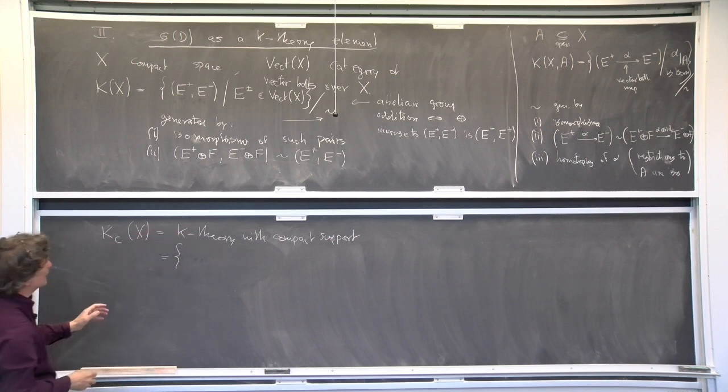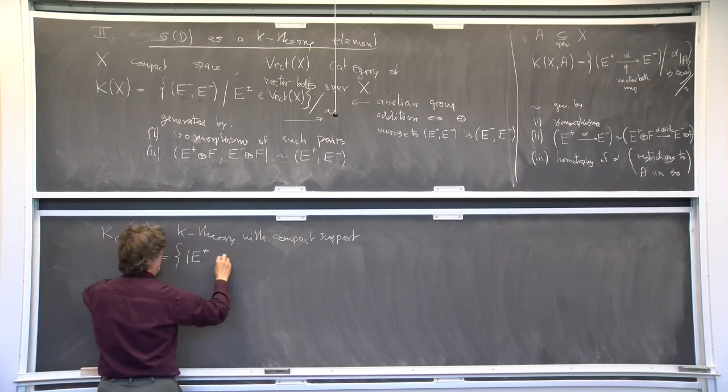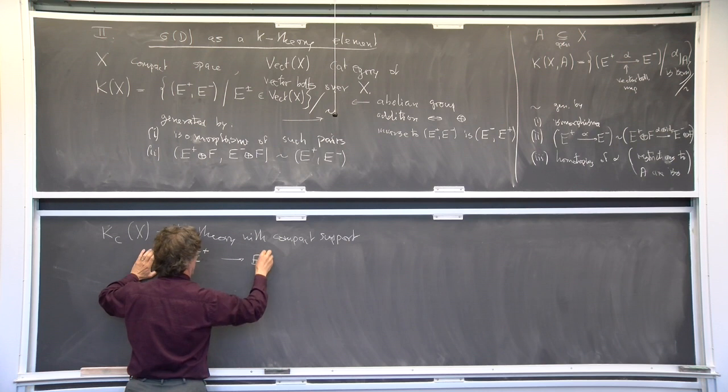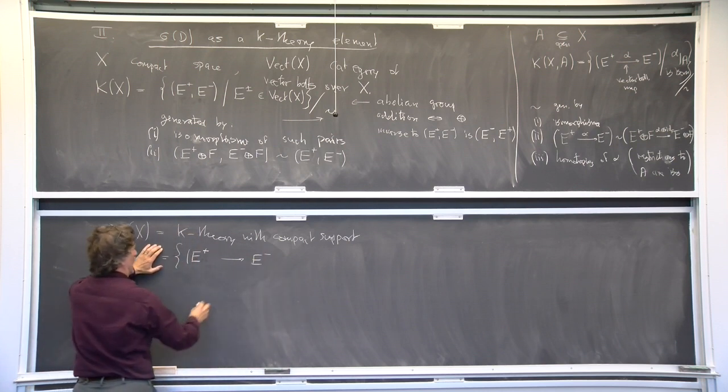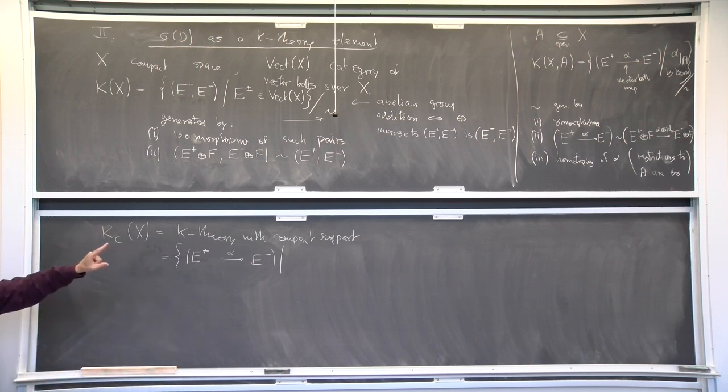We want to basically say, oh, we have triples consisting of two vector bundles, E plus and E minus, over that space X, and a vector bundle map between them. But instead of specifying where that thing is an isomorphism, we want to say, hey, it should be an isomorphism outside of some compact set.